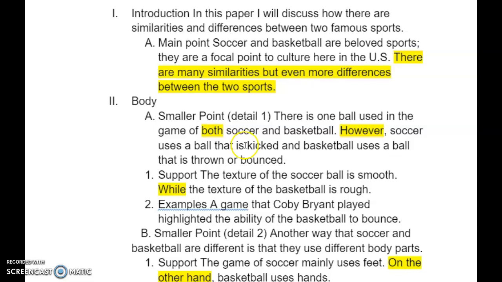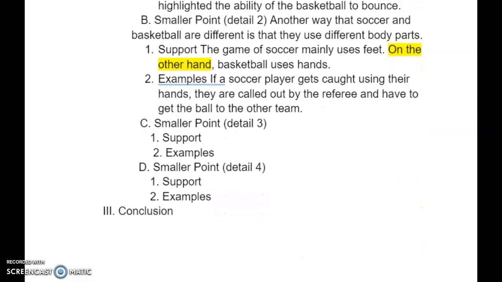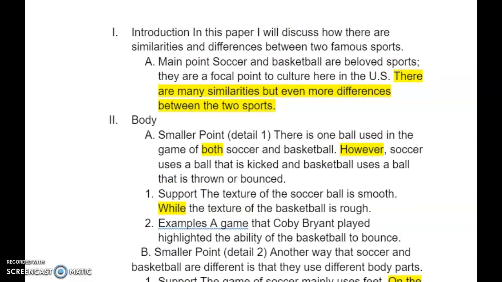Like I could use this whole point A to just talk about soccer and how it's different, and then point B to talk about how basketball is different. But the points all have to be supporting the main idea, the main point. Okay, so that's a brief overview of what an outline looks like.